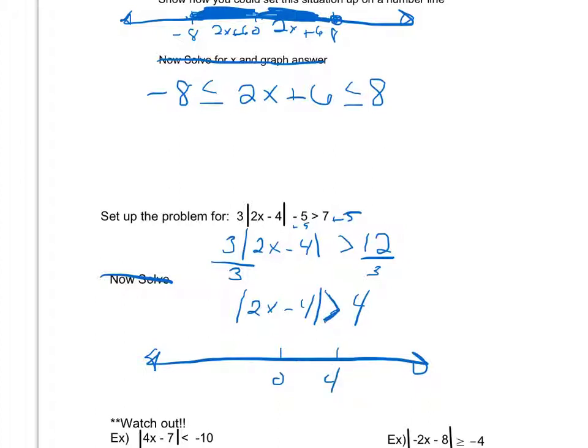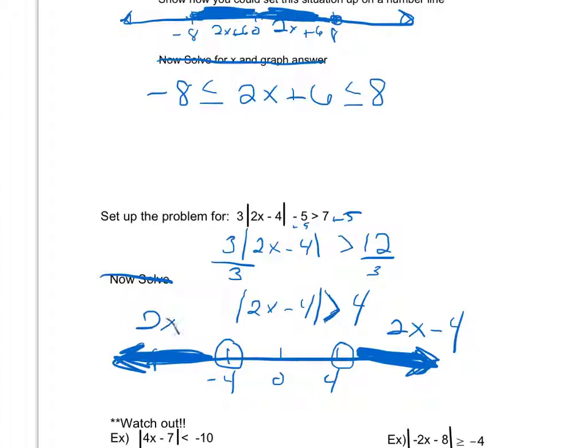So in other words, if it's a distance greater than 4, it could be somewhere out here. Or if it's a distance of more than 4 units, it could also be somewhere back here. It can be in either of those two places.